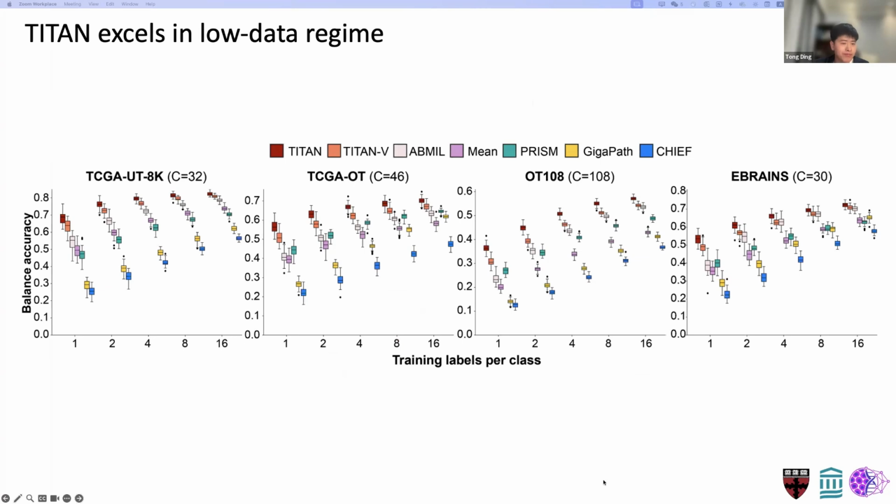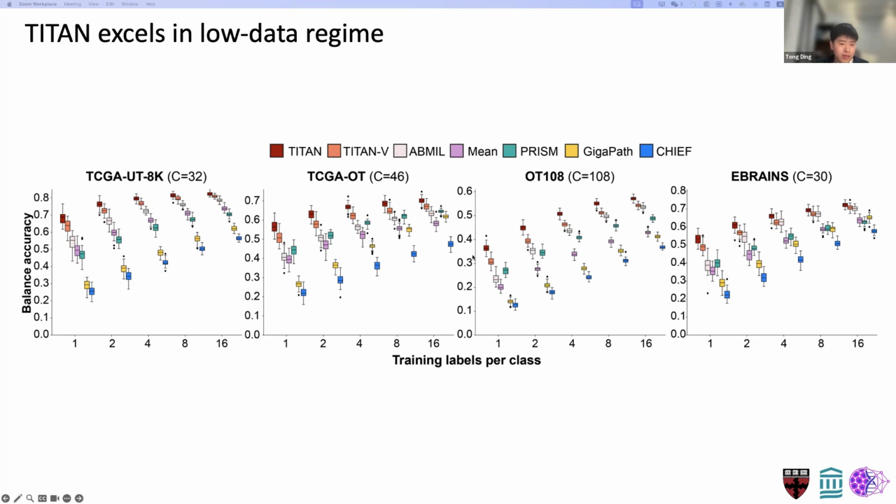And next we investigate Titan under few shot settings, where we vary the number of samples per class from 1 to 16, and we show that again Titan presents the overall best performance as compared to other models, and shows data efficiency, especially under low shot settings.